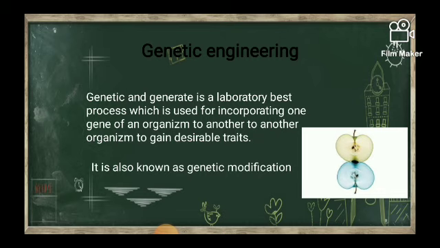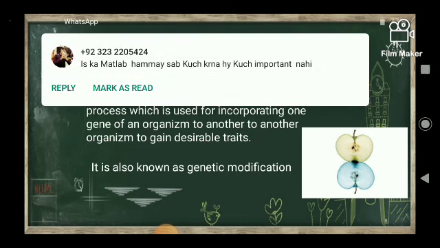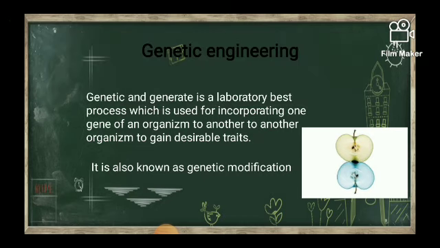Then the desirable trait which we want, we will gain. Okay, so I hope you now have got the concept of genetic engineering. It is also known as genetic modification. Okay, well, we've got that.